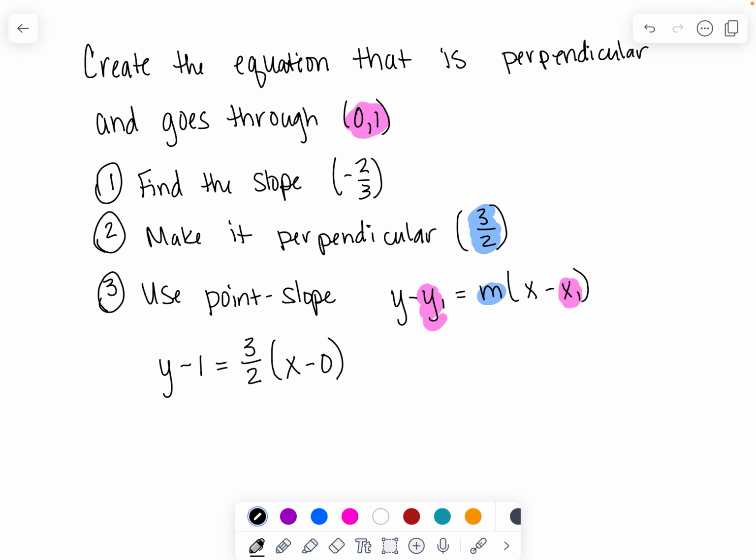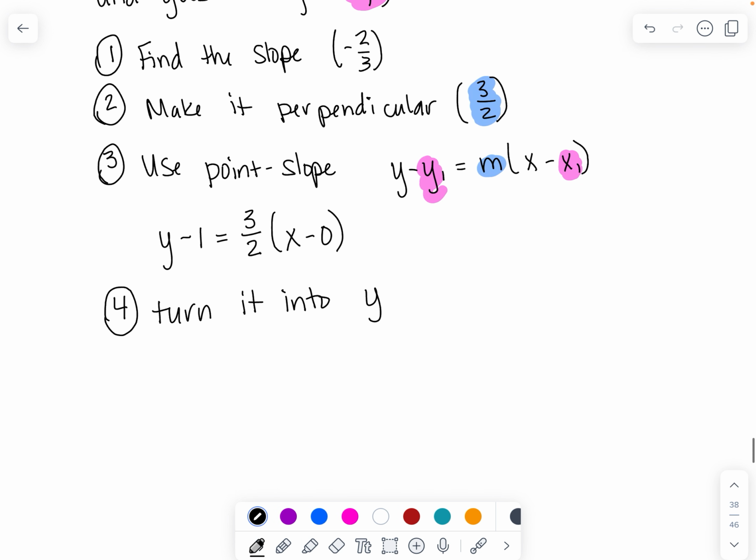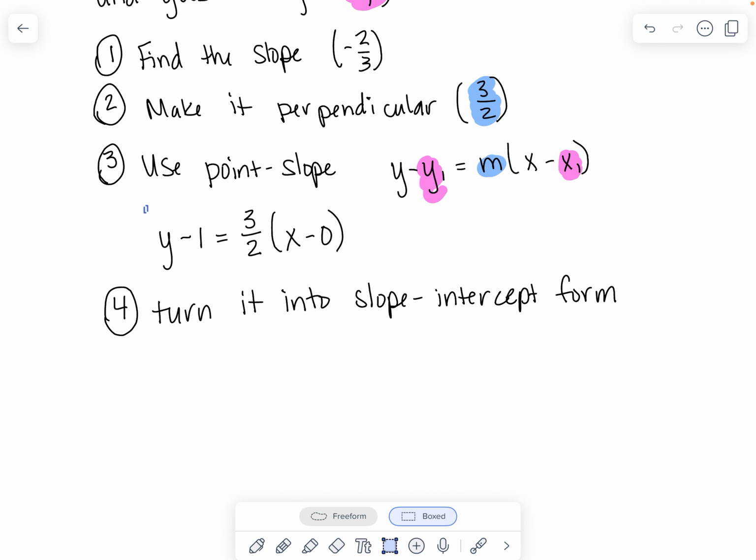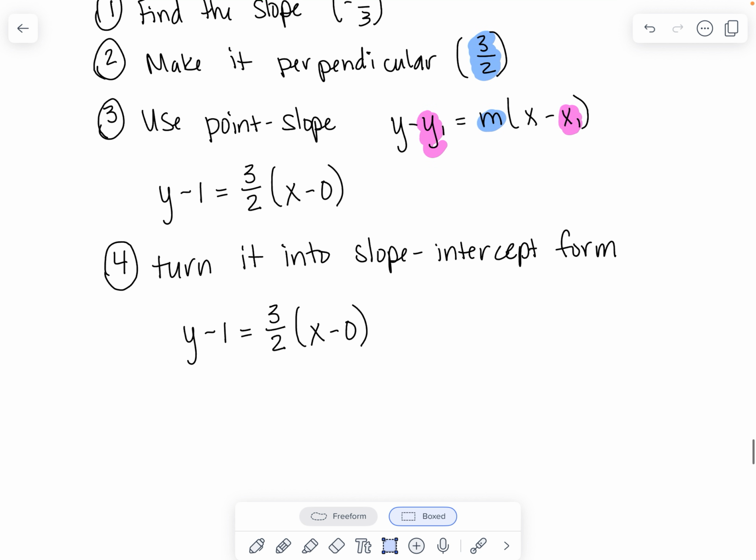Okay. And then turn it into slope-intercept form. Okay? And that's what ALEKS is also going to have you do. So I'm going to copy that and I'm going to paste it down here. And here's what we're going to do. We're going to distribute.